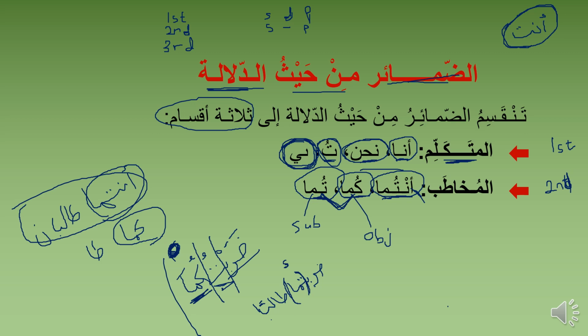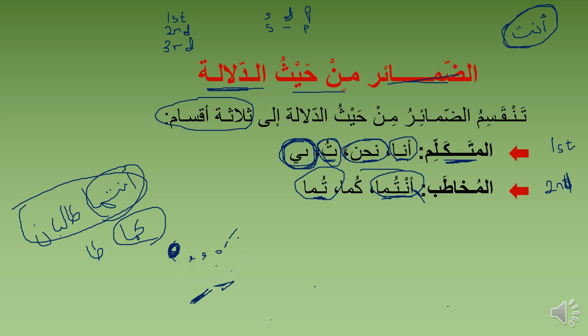That is the difference between kuma and tuma. Kuma is an objective pronoun, while tuma is a subjective pronoun. It's very important, but don't be bothered about that. We are still going to expatiate on that later, maybe in our next lesson, inshallah.